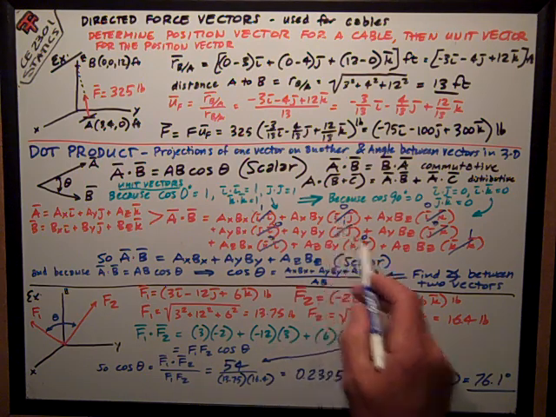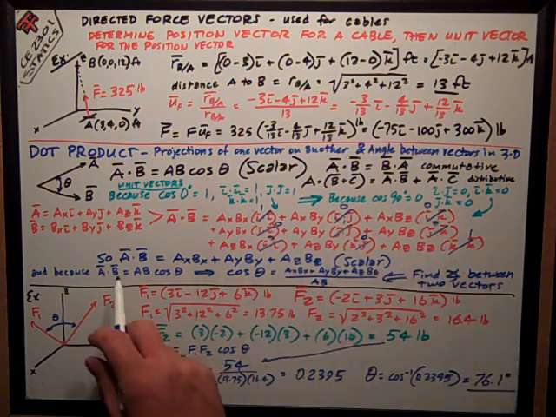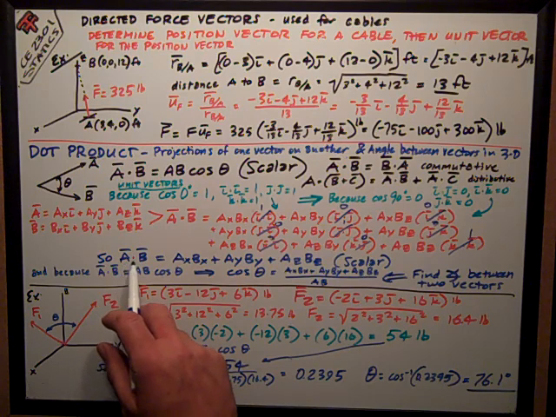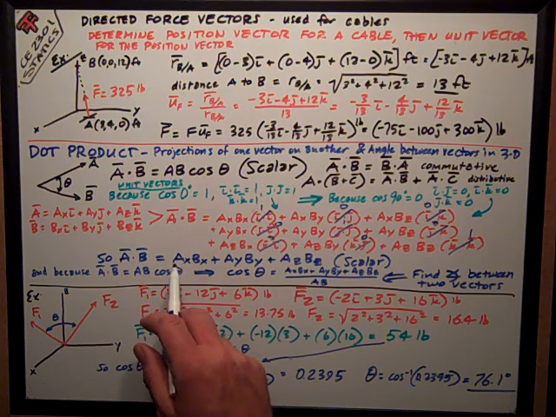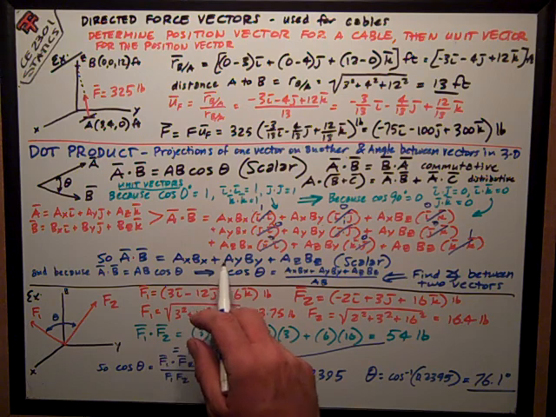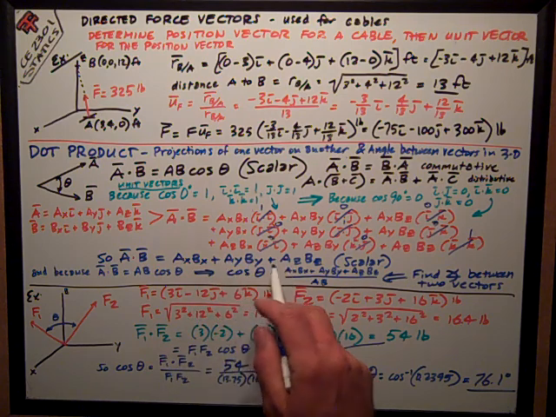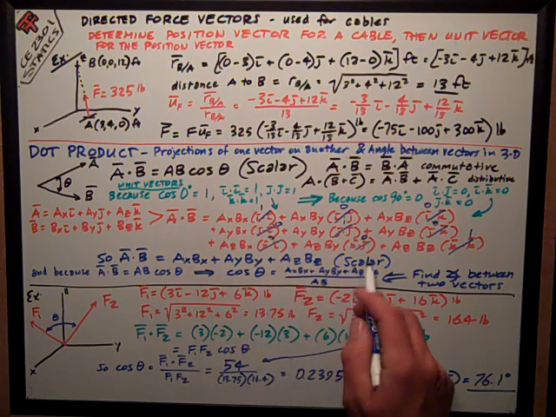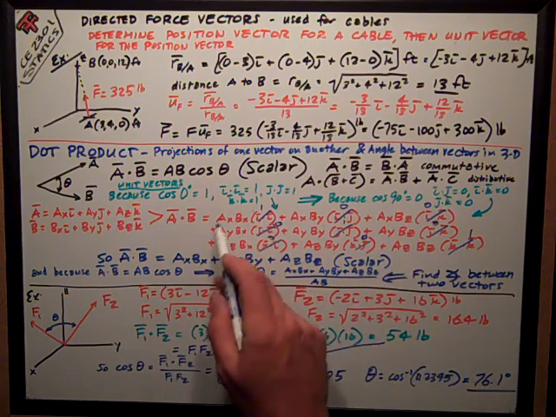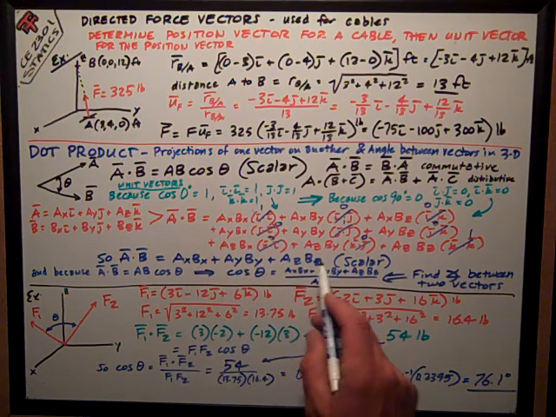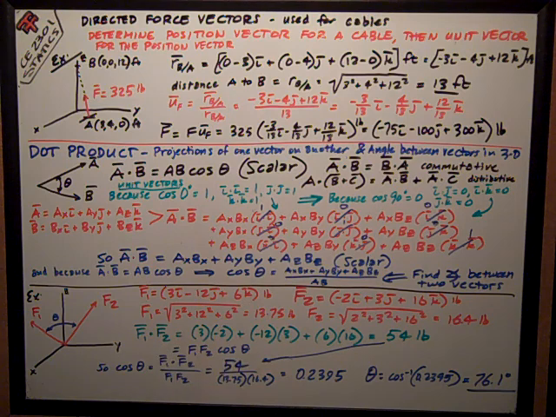So I can eliminate all my zeros, and I'm left with A dot B is equal to AXBX plus AYBY plus AZBZ. That's just a scalar number. Just multiply those two numbers, those two numbers, those two numbers, add them all up.